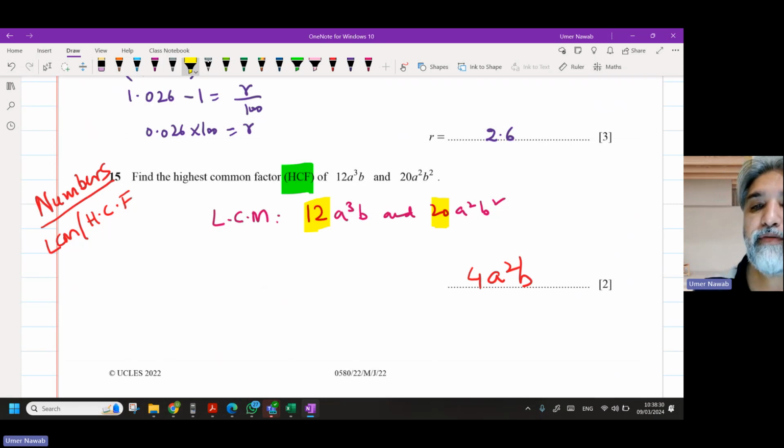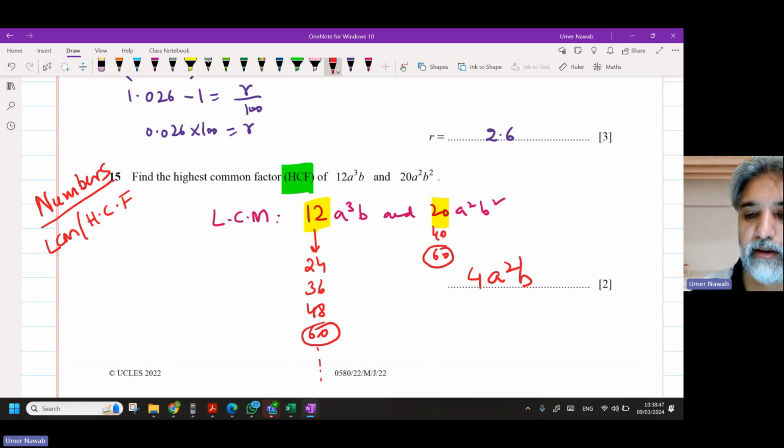So 12 and 20: the table of 12 is 24, 36, 48, 60, and so on. 20 is 40, 60. So the first least common multiple of 12 and 20 is 60.